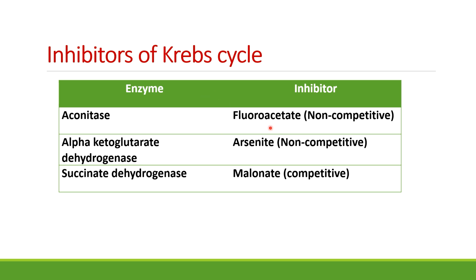From fluoroacetate you get fluorocitrate, and this goes and inhibits the enzyme aconitase. So this reaction is considered to be suicidal. Once fluoroacetate is converted to fluorocitrate, that's it. It goes and binds there and aconitase is not available for the enzymes to act.